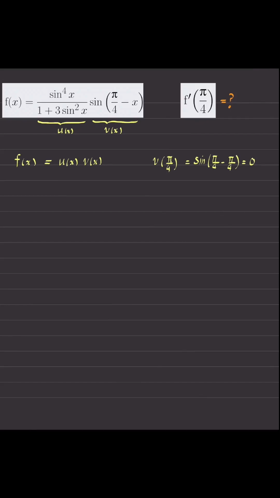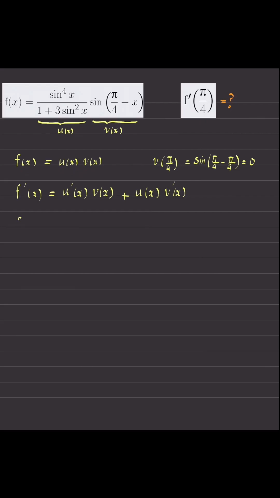My point is to calculate the derivative of f, so I will differentiate this function, but this is a product, so I have to use the product rule. So f prime of x is the derivative of the first function multiplied by the second function itself, plus the other way around, the first function itself multiplied by the derivative of the second function.